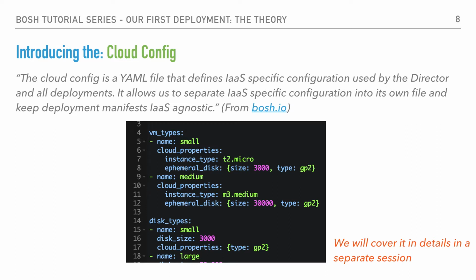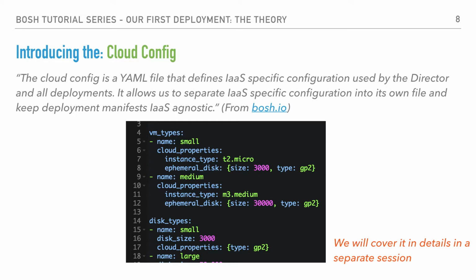We have one cloud config. We're going to talk later on about how we can have multiple at some point, but now let's assume we're going to have one cloud config where we define all those IaaS specific configurations that will be referenced somewhere else, and that somewhere else will be the deployment manifest, which we're going to talk about in the next slide.